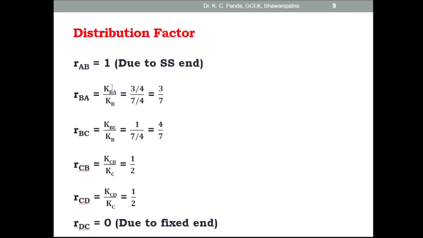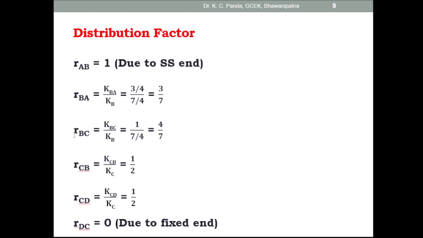Then the distribution factor of all other members is found by taking the relative stiffness of the member divided by the relative stiffness of the joint. So for member BA, the distribution factor RBA is equal to KBA divided by KB. This is the relative stiffness of the member BA divided by the relative stiffness of the joint B. So this is equal to 3 by 4 divided by 7 by 4, is equal to 3 by 7.